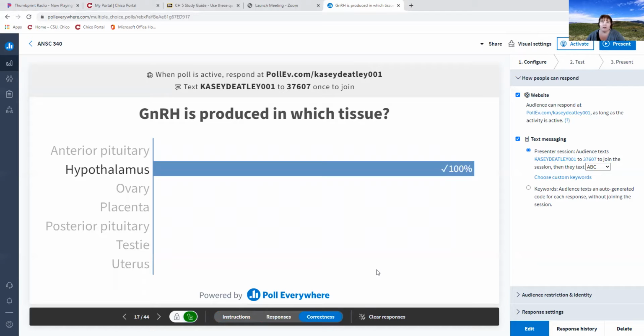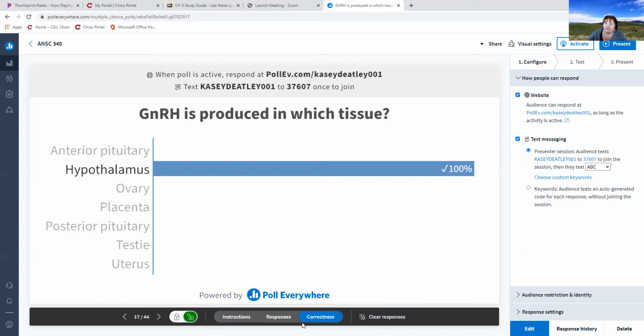We call GnRH a neuropeptide because it is made up of amino acid sequences. There's only 10 of them though, so it's a really itty bitty small protein or a peptide. Neuro means in the brain and peptide means a small protein. All right, cool. Good job.